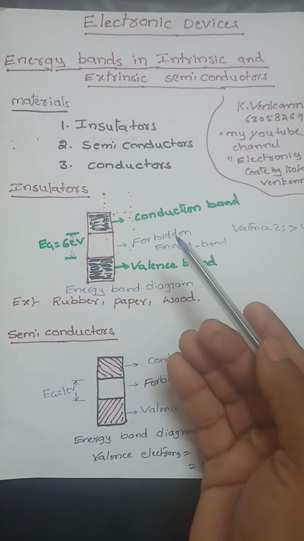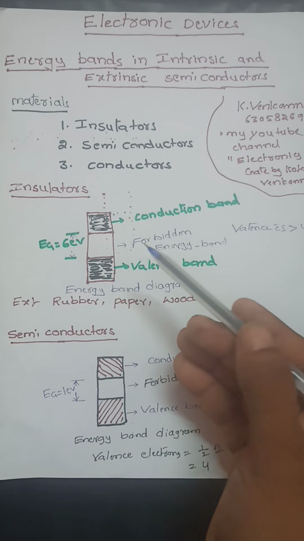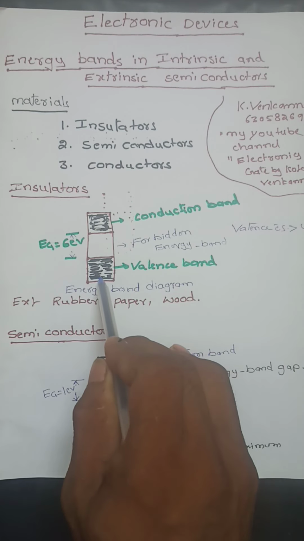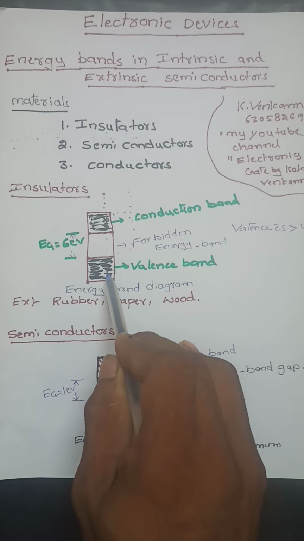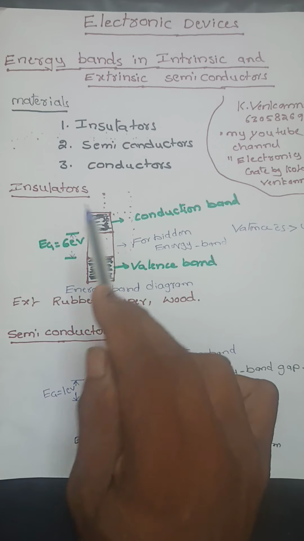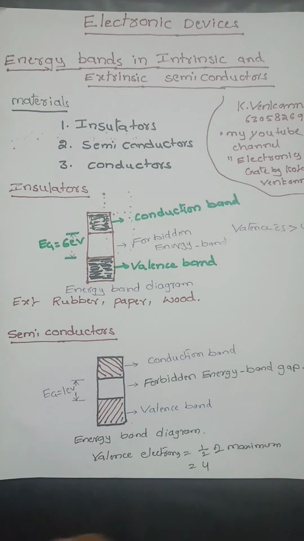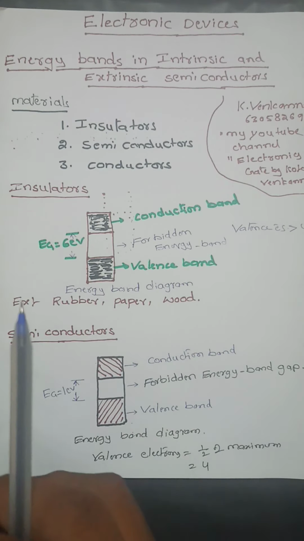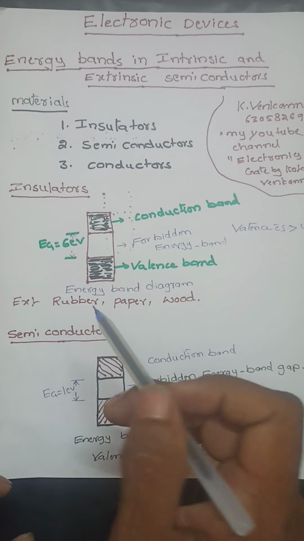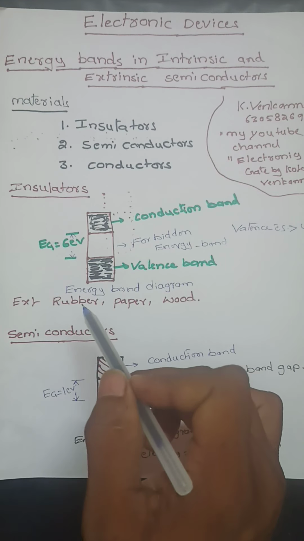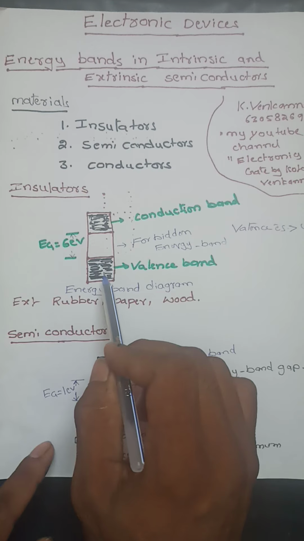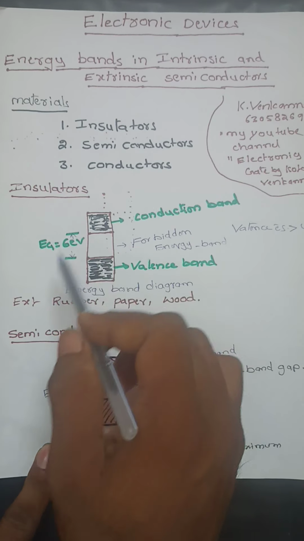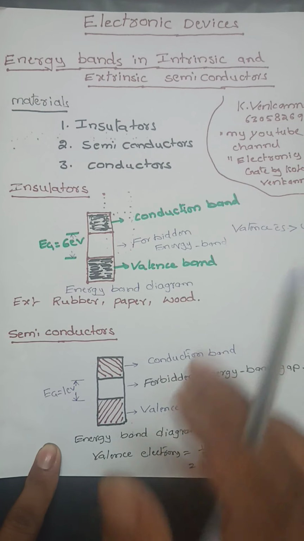If we apply external energy, that energy is also not enough to make valence electrons jump into the conduction band. So there is no conductivity; conductivity is zero. Conductivity is possible when electrons from the valence band easily jump into the conduction band.